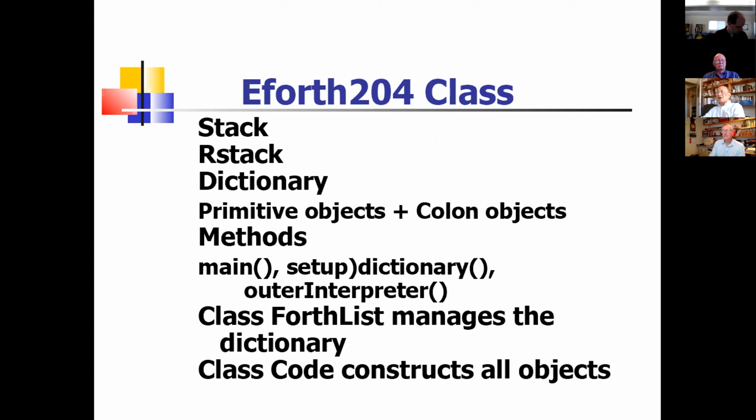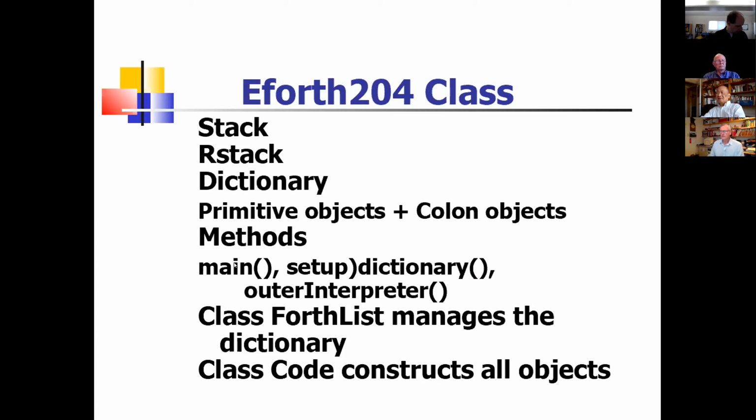I call this file E-Forth204, and its top class is E-Forth204. And in this class, I defined a stack, a return stack, and a dictionary, and the dictionary contains all the objects, including the primitive objects and the colon objects. And it also has several methods that it can execute depending upon the situation.